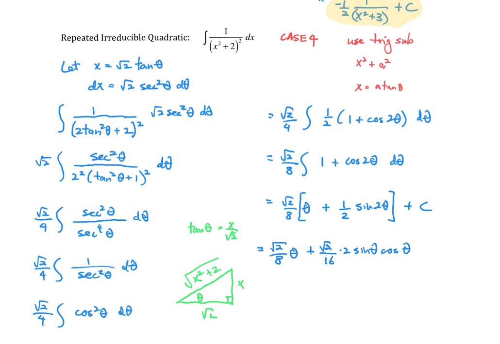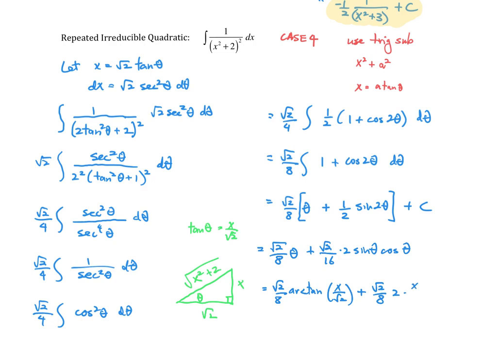Okay, so now we can write our final answer. We're going to have rad 2 over 8 arctangent of x over rad 2. When I distribute that coefficient in front, I've already distributed, that's going to be plus rad 2 over 8. I'm going to have 2 times, and then the sine theta is going to be the opposite over the hypotenuse.